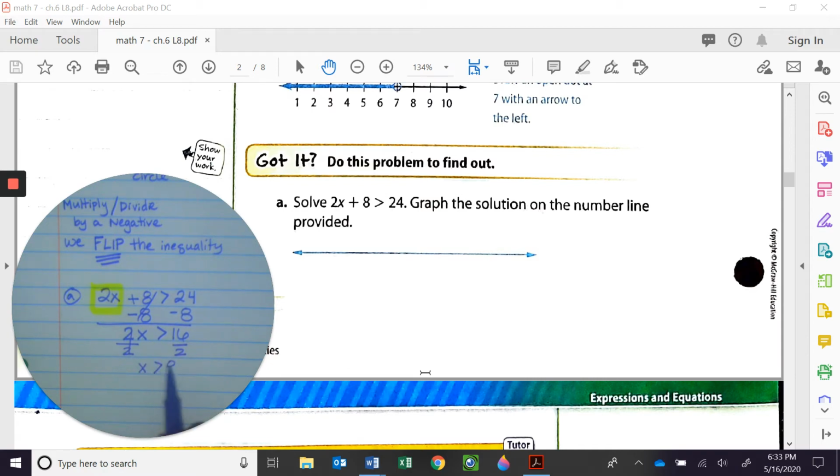And so we get x is greater than 8. Okay, see how I didn't touch the inequality or anything because there were no negatives being multiplied or divided. Then we graph that. Here's 8, negative infinity to the left, positive infinity to the right, open circle, okay, because it's just greater than, and it goes to the right because we need numbers bigger.